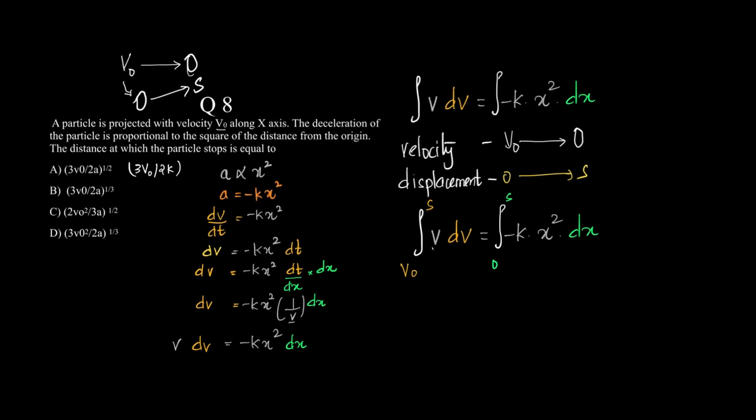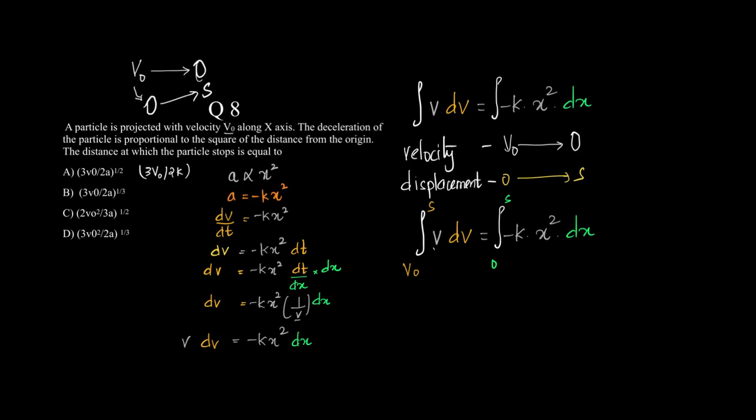Okay, I'll explain that also. See, integral of x to the power n dx is equal to x raised to n plus 1 the whole upon n plus 1, which means this here will be v raised to n plus 1. What is n here? 1. So this is v raised to 1 plus 1 the whole upon 1 plus 1.